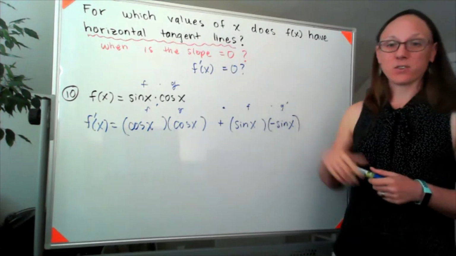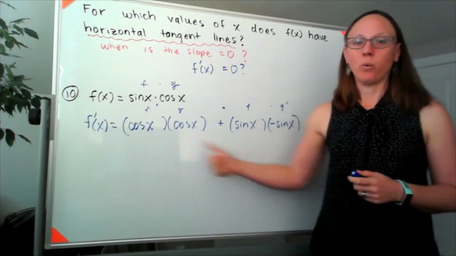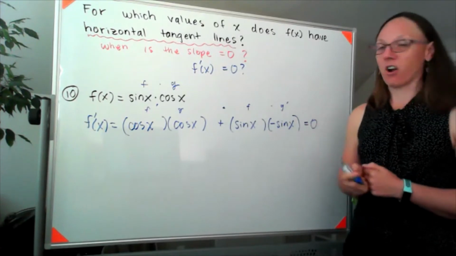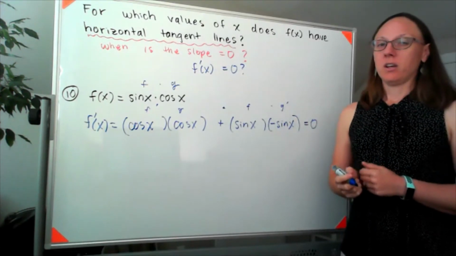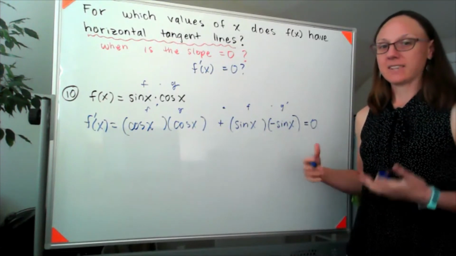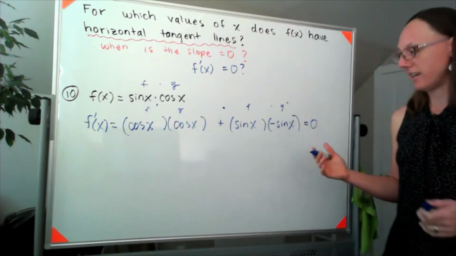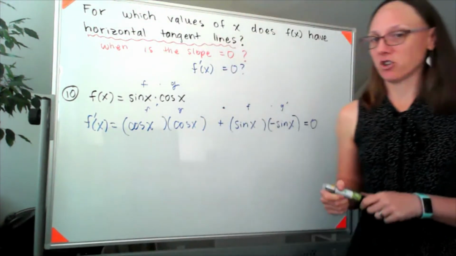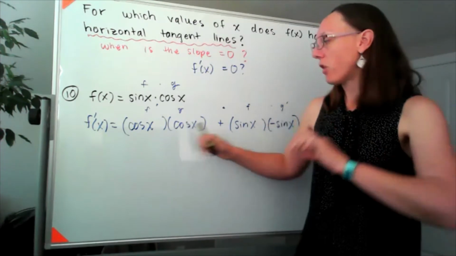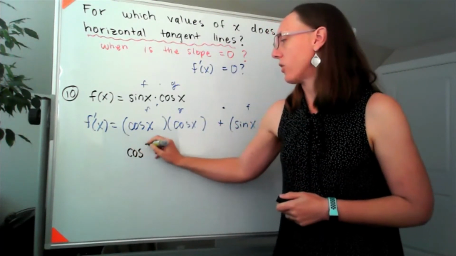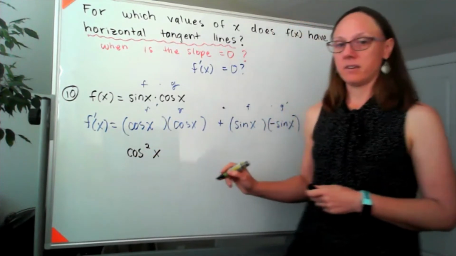And then we know that this question asked us, where is that derivative equal to 0? I don't know about you, but this is a little bit messy to look at for me. So if I'm going to try to solve this, I'm going to write this in our nicer notation, which is that cosine times cosine, we can write as cosine squared x.